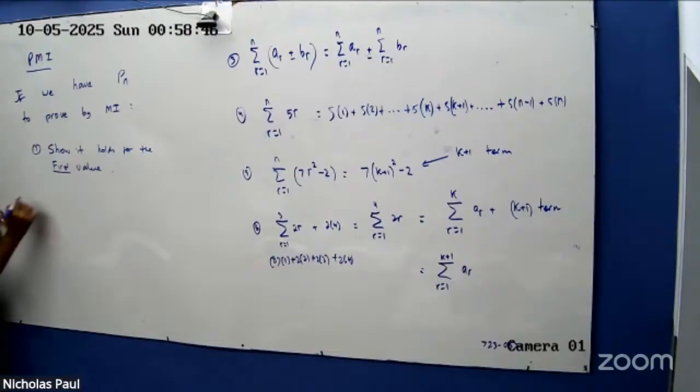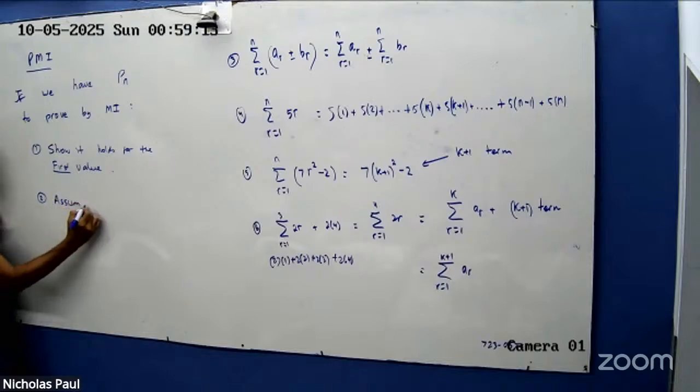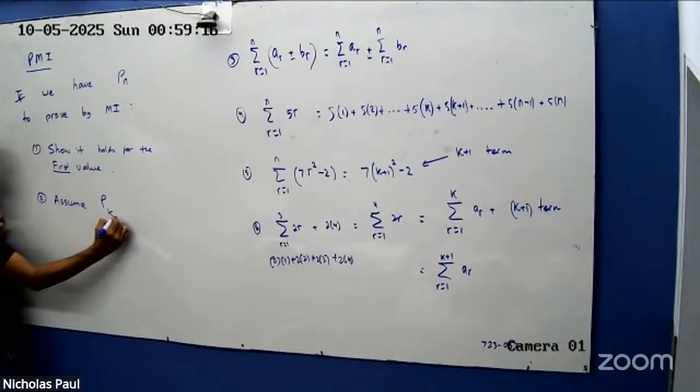Next, remember we have all these values to prove, but we can't prove all of them. So we prove the first value correct and assume the values that follow are correct. Number two, in order to develop k plus 1, we're going to assume P of k is true.